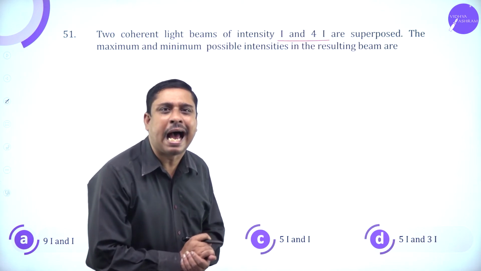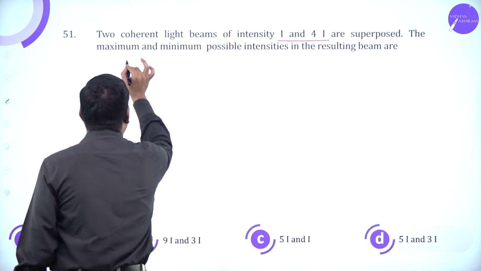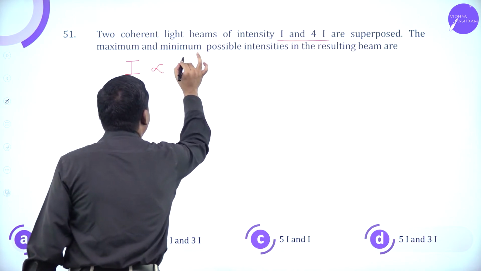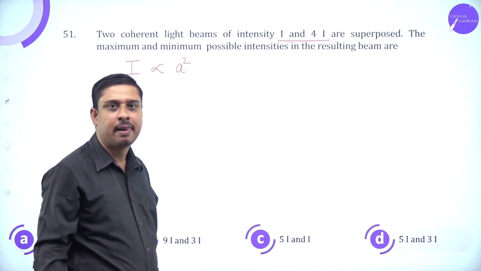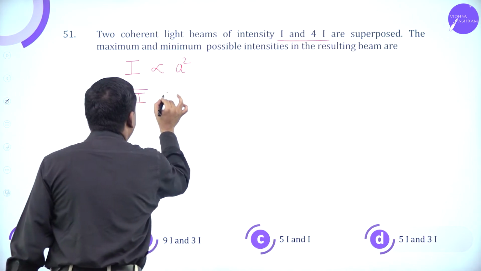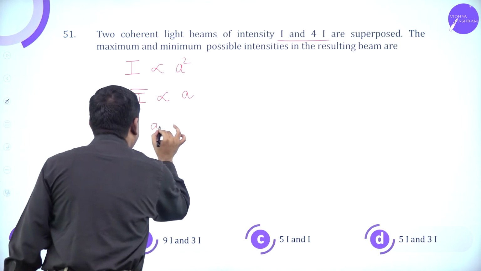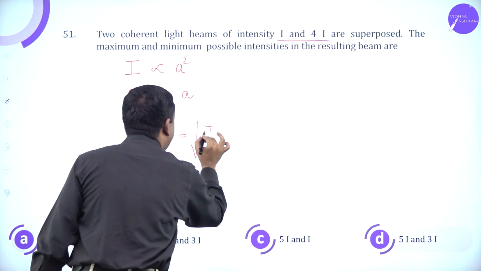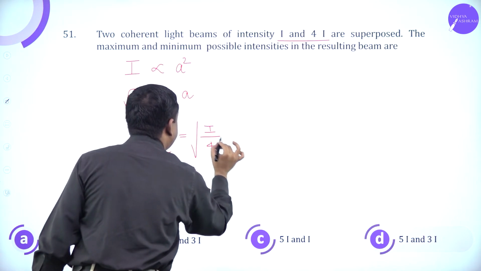Very good. We know intensity is directly proportional to amplitude square, which means root of I is proportional to A. So if I measure A1 by A2, it is root of I divided by root of 4I.